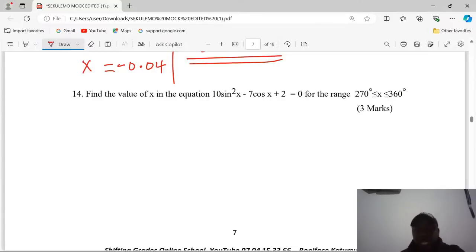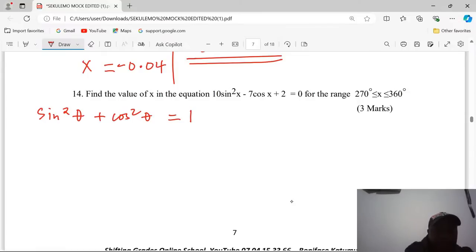Remember, there is what we call trigonometric identities. One of the basic ones says that the sine squared of any angle plus the cosine squared of the same angle should give us 1. This means the sine squared of an angle equals 1 minus the cosine squared of the same angle.